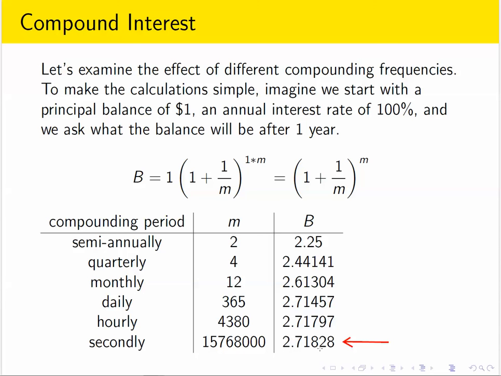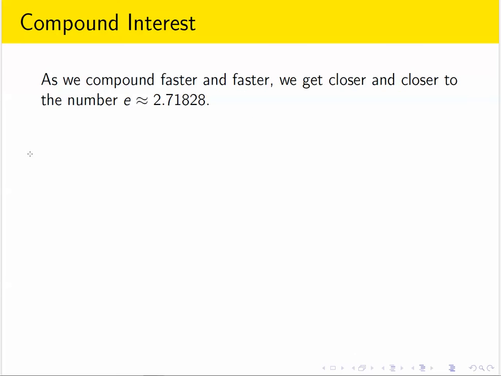I actually rounded up to get this value, 2.71828, and that number we should recognize as e, that special number that shows up a lot in calculus especially. It's approximately, it's not exactly, but it's approximately 2.71828.